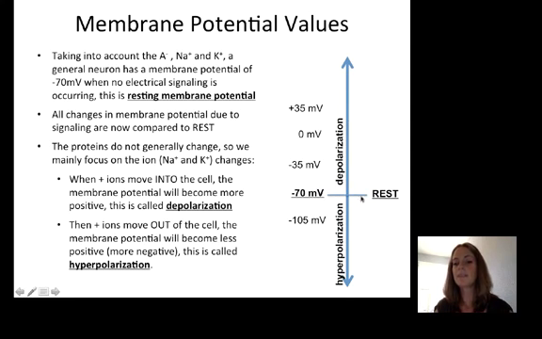Now, if we're at rest at -70 and positive ions leave the cell, or we get less positive inside the cell, less positive is going to make us go even more negative. Anything below rest we call hyperpolarization. So hyperpolarization is becoming even more negative from the resting value.